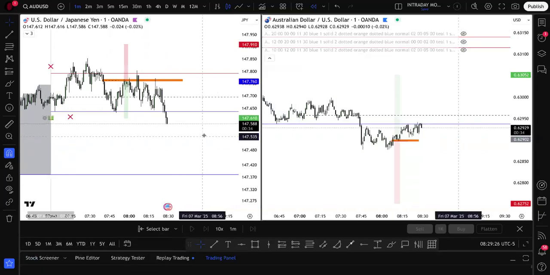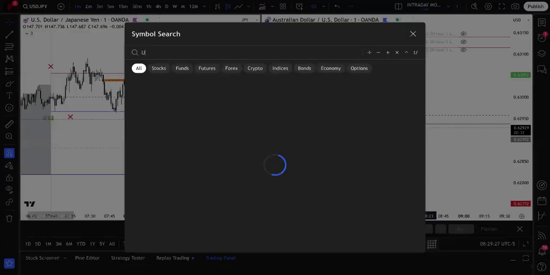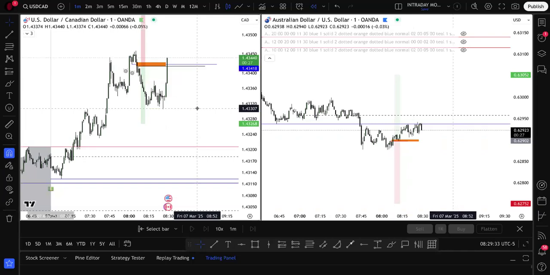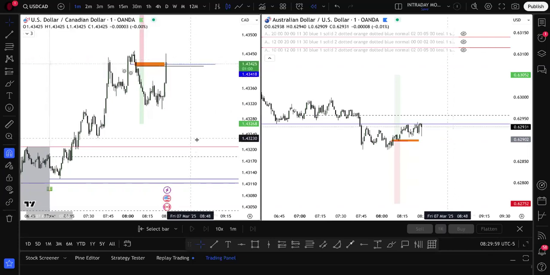Look at that. UCAD just triggered the entry. Shout out to UCAD. What?